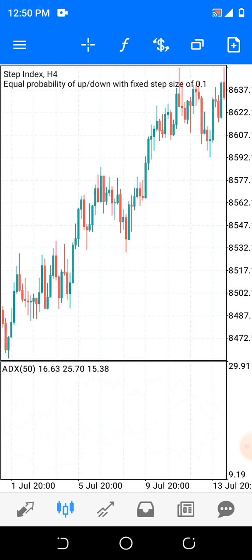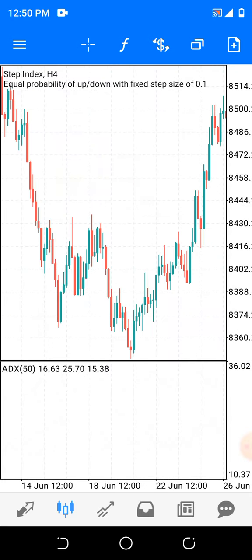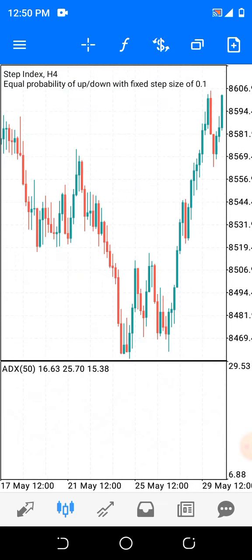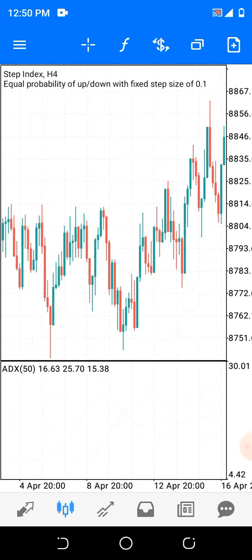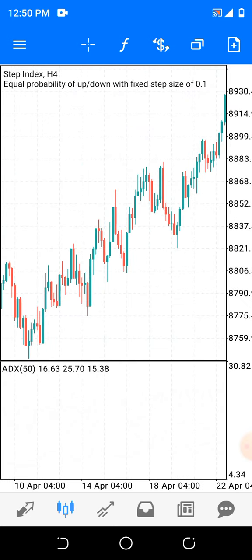Now, when the market is bullish, when it is trending upward, there are two cardinal points you need to establish your trend line.